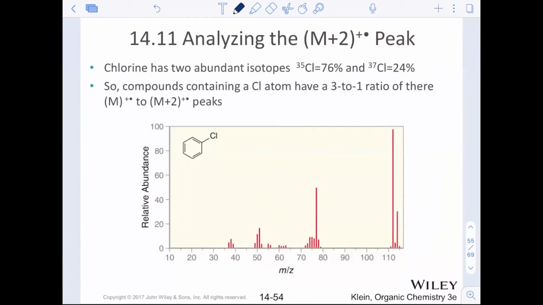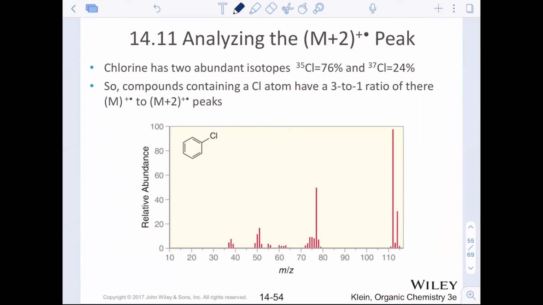M+2 peaks exist as well. Technically, they're not prevalent for carbons. They are prevalent for other heteroatoms, chlorines, bromines, things like that. Chlorine has 2 abundant isotopes, chlorine-35 and chlorine-37.